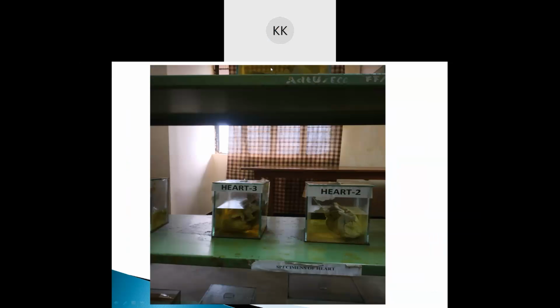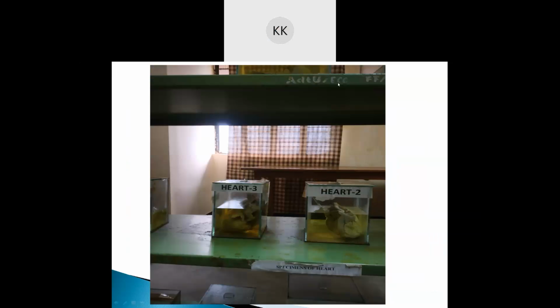Ma'am, the heart is a roughly cone-shaped hollow muscular organ, about 10 centimeters long and about the size of one's fist. It weighs about 225 grams in women, and is heavier in men, about 310 grams.